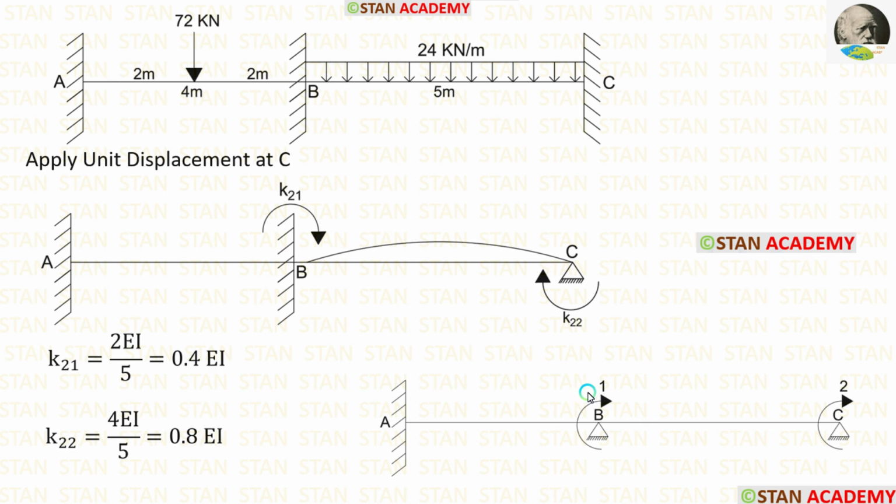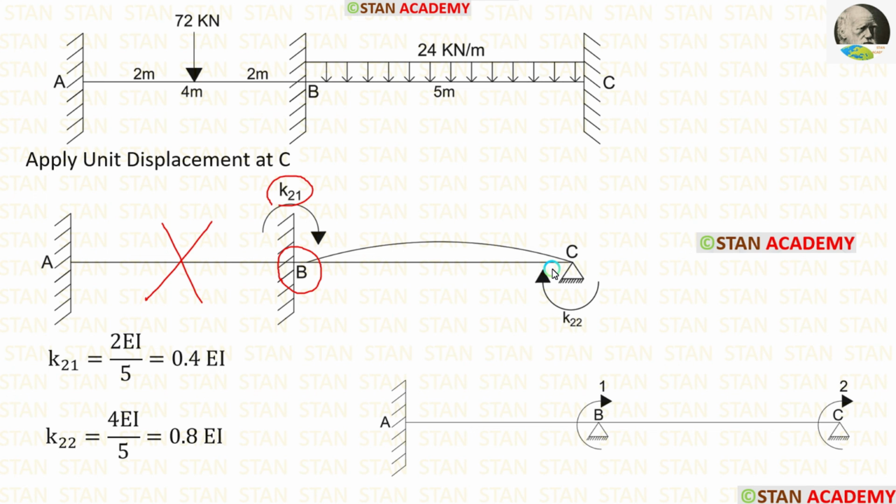We know that the stiffness values should be calculated in the order, first from the first coordinate, then from the second coordinate. In the first coordinate we have K21. Let us calculate that. For that, from the point B, we have to look on both the sides. On the left side, there is no slope curve. If there is no slope curve, there will be no stiffness value.